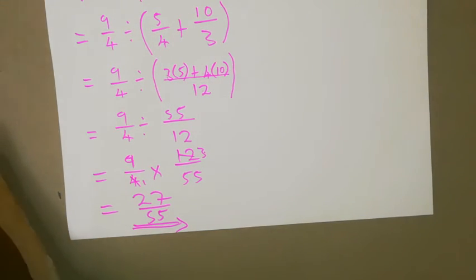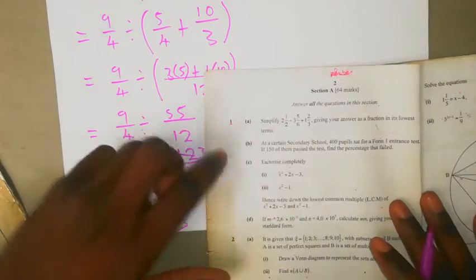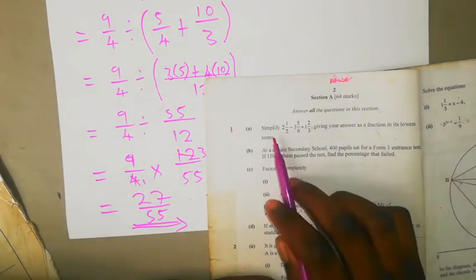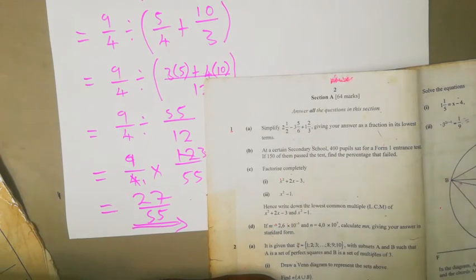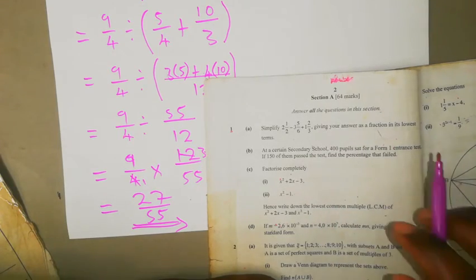Then I'll take you to this different question. It's November 2012. It's a replacement question. Simplify 2.5 minus 3 and 5/6 plus 1 and 2/3, giving your answer as a fraction in its lowest terms.